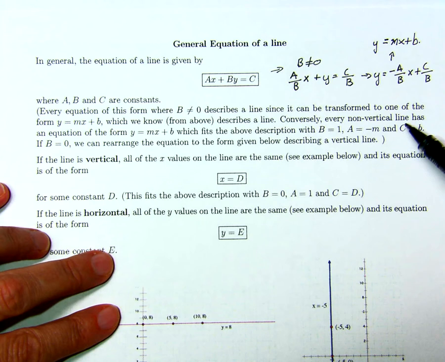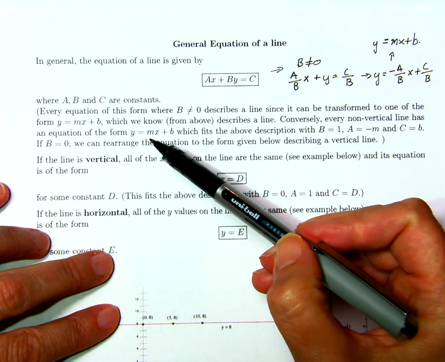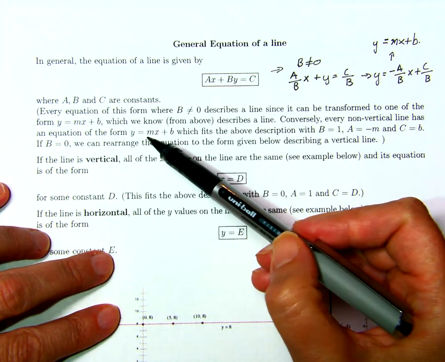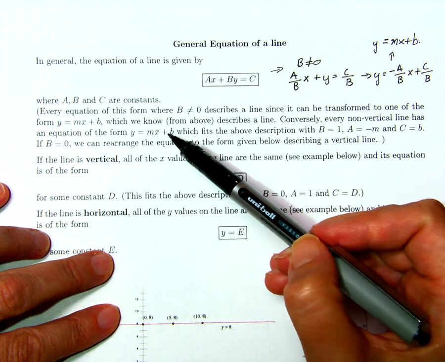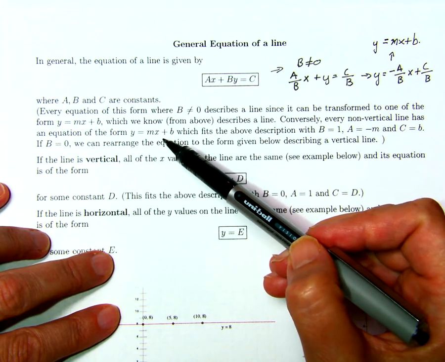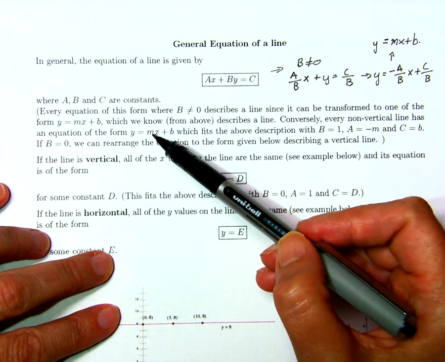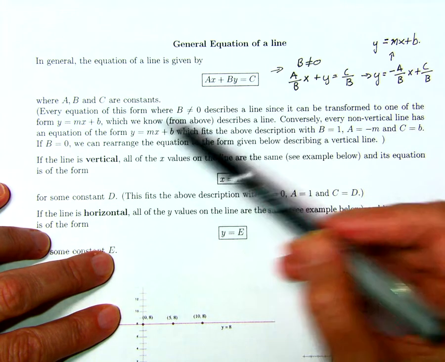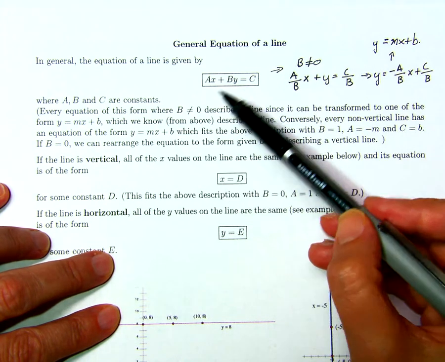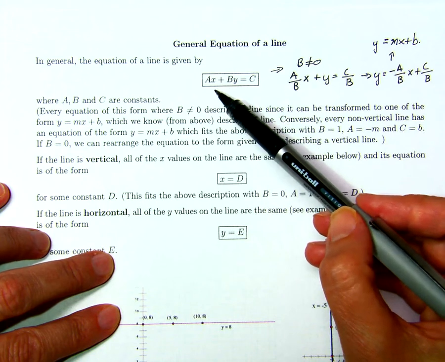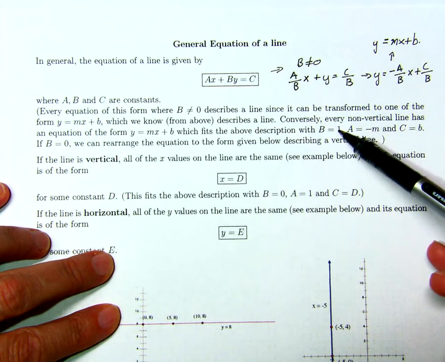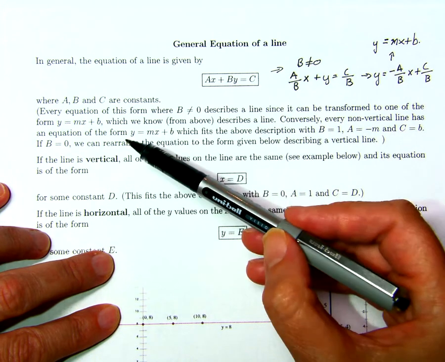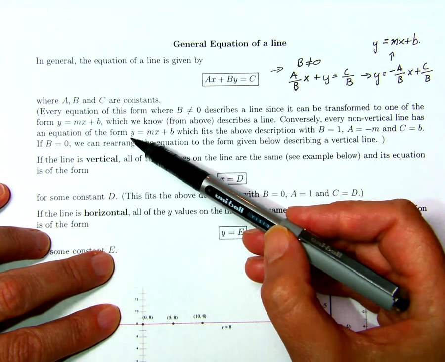Every non-vertical line has an equation of the form y equals mx plus b. So this is a special case of this general equation. This is an equation of the form ax plus by equals c if I set b equal to 1, which is the coefficient of y.